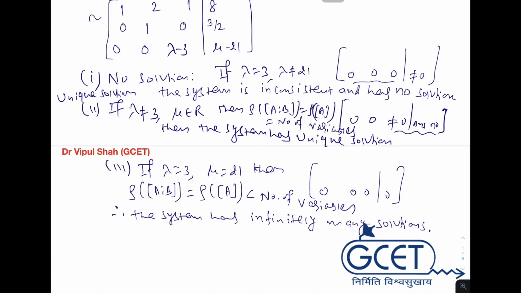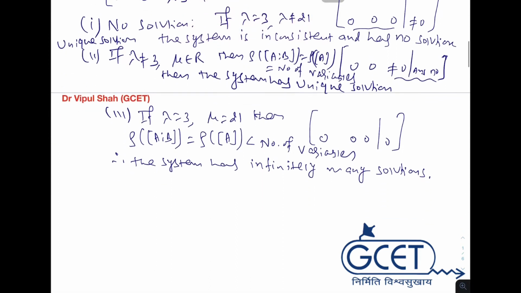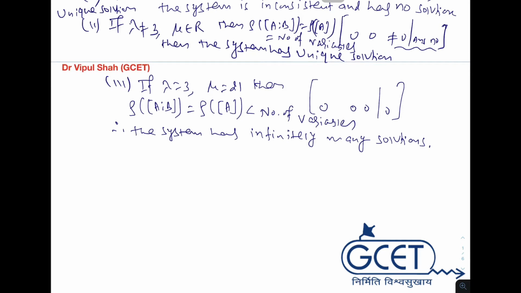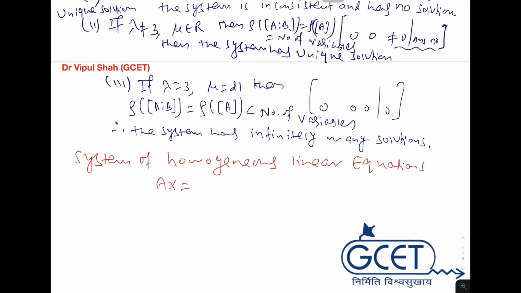Now we begin the concept of system of homogeneous linear equations. Okay. So in homogeneous linear equations we are having the system like this: Ax equal to 0. So all the entries to the right are 0.